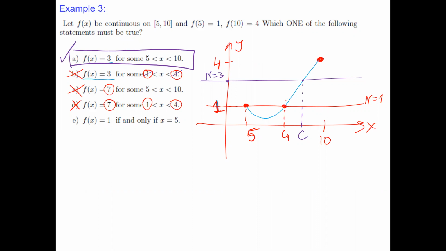I just drew one, but if the function is a higher degree polynomial, we may even have more intersections. That's definitely not true. Not if and only if. Okay, we proved that A is the correct statement. Okay, another one.